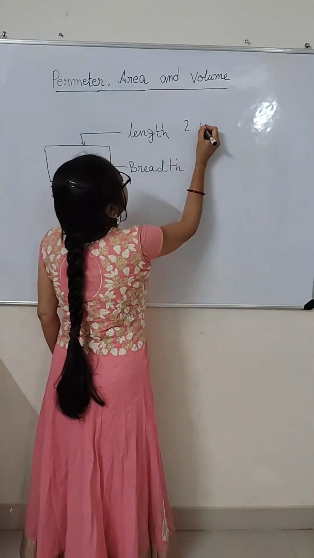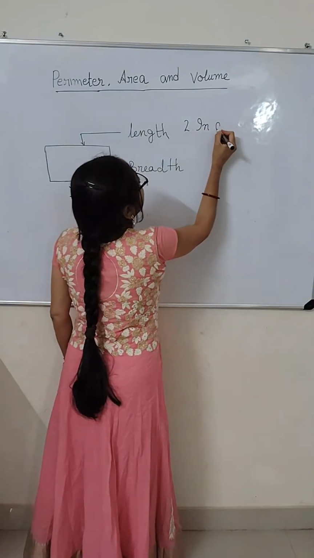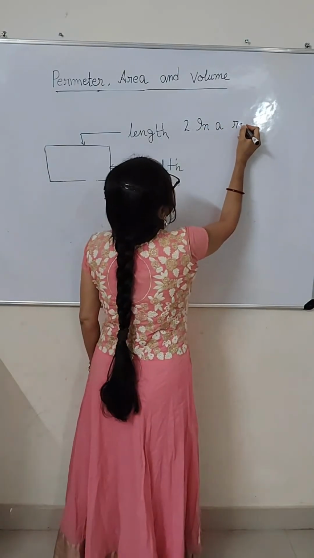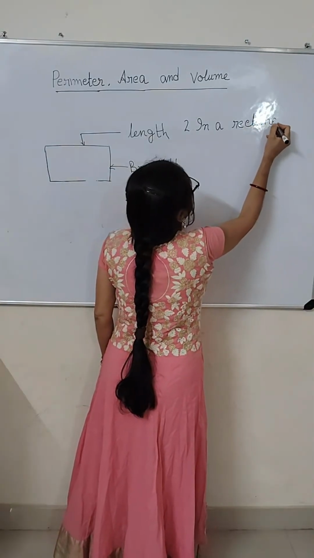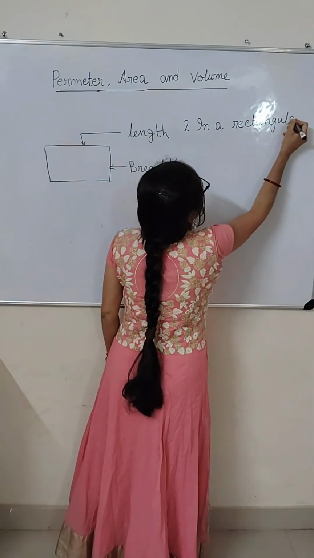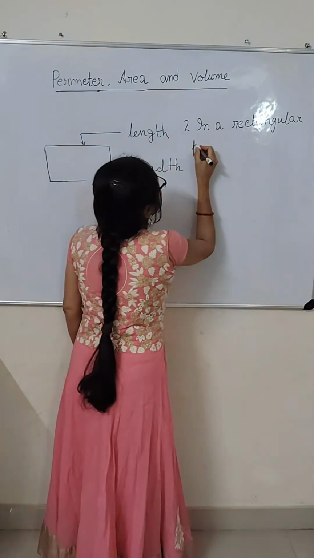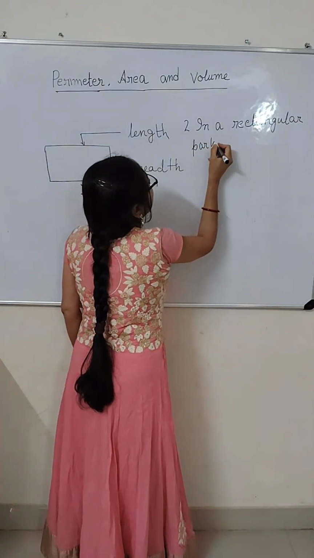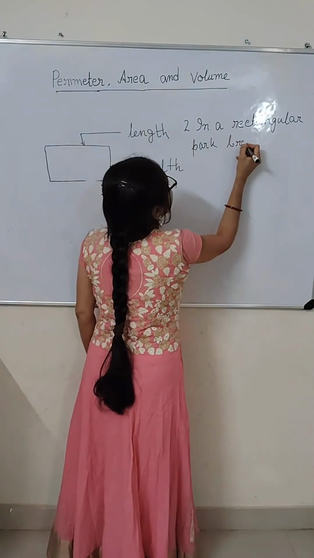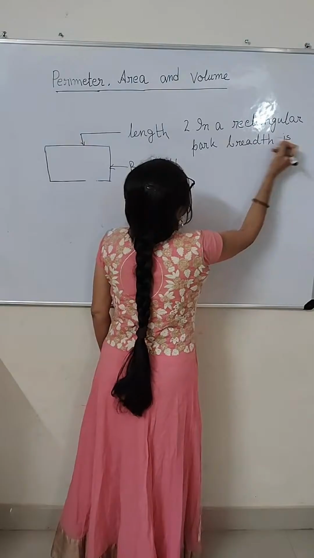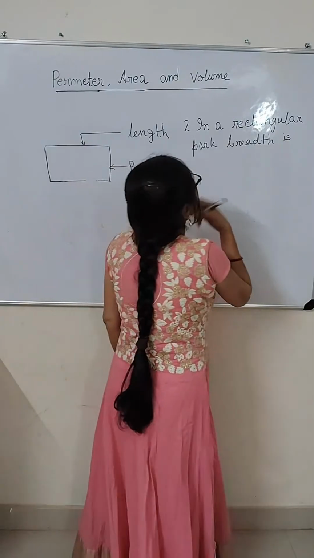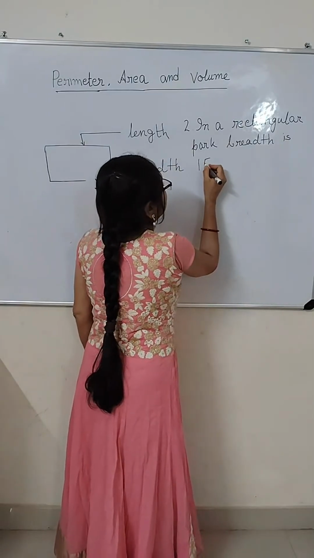Number 2. In a rectangular park, breadth is 15 centimeter.